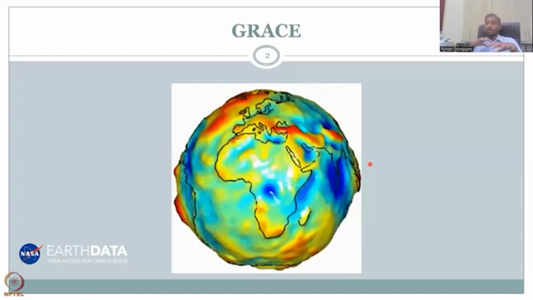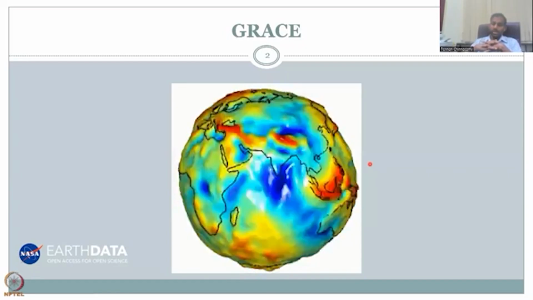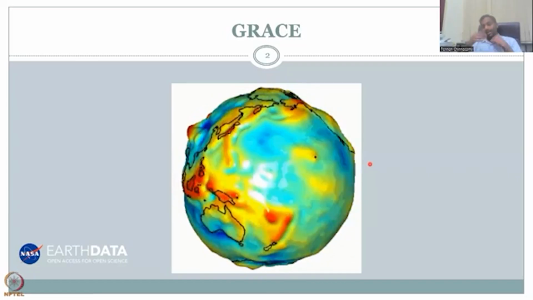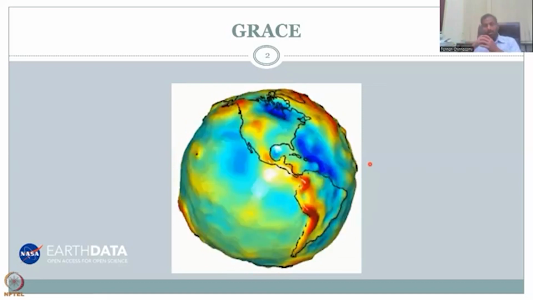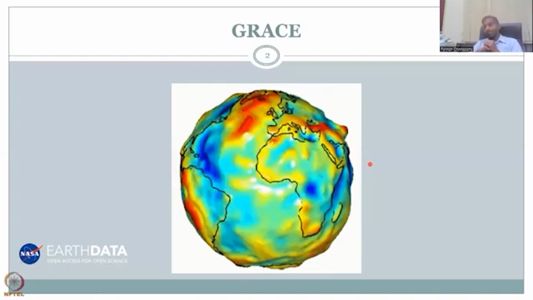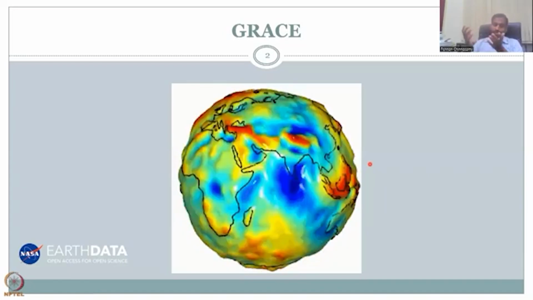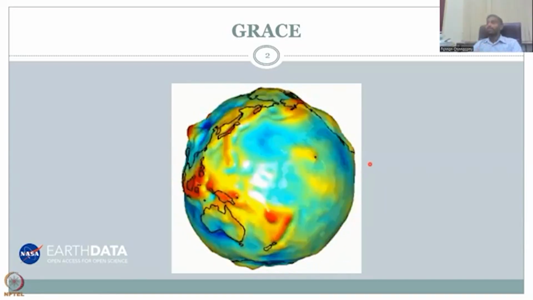It has abnormalities, heterogeneities in mass, and because of the mass change, there is a difference in the pull on the satellite, and the satellite accelerates and decelerates. So this has been converted to a gravity anomaly, which is then converted to a terrestrial water storage thickness. If you remove some components, you get groundwater and soil moisture separately.